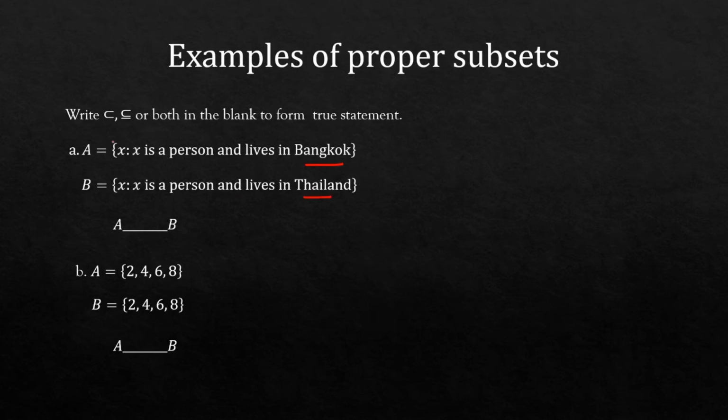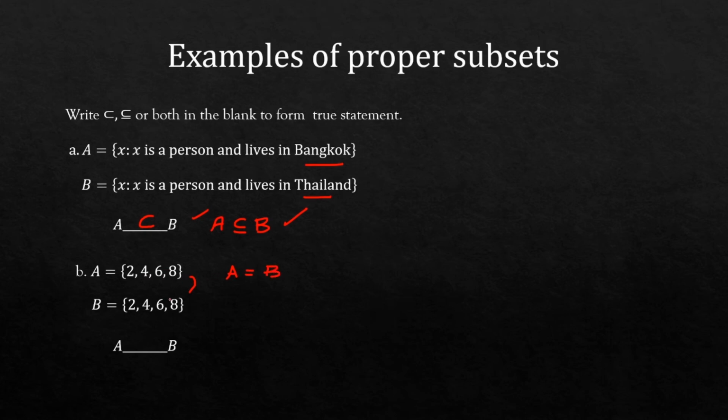So can we use both symbols, or none of them, or either one? In this case, it's okay to use both. So A is a proper subset of B, and also we can use the subset symbol. Both of these are okay. But in question B, notice that the sets are equal.